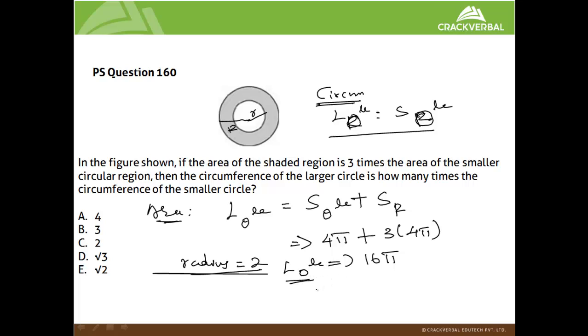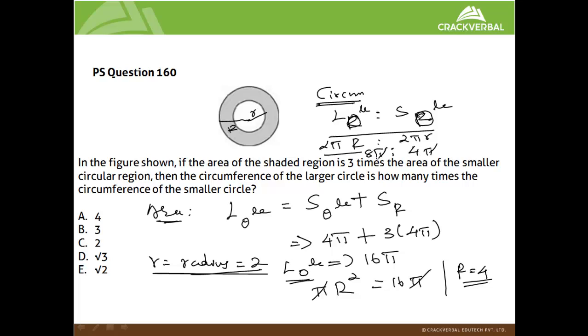The area of the larger circle is pi R square, which equals 16 pi. Pi gets cancelled, so R equals 4. With capital R equal to 4 and small r equal to 2, the circumference of the larger circle is 2 pi R, which is 2 times 4, so 8 pi, and the smaller is 2 pi times 2, which is 4 pi.